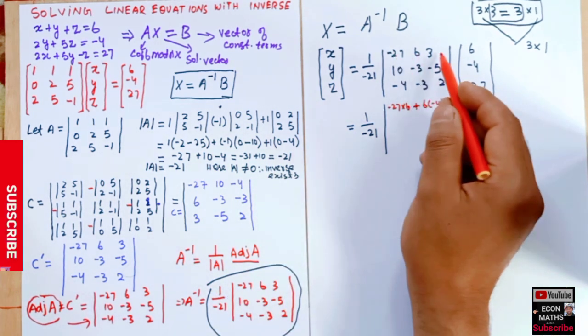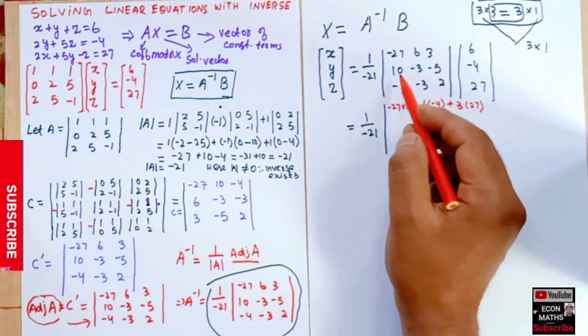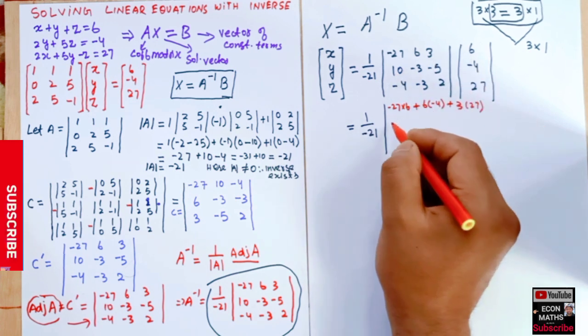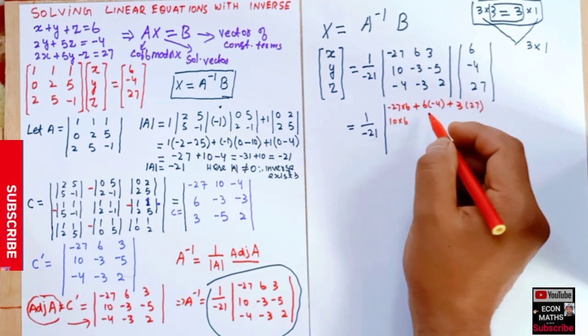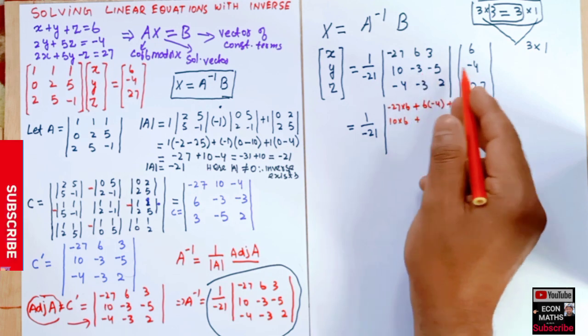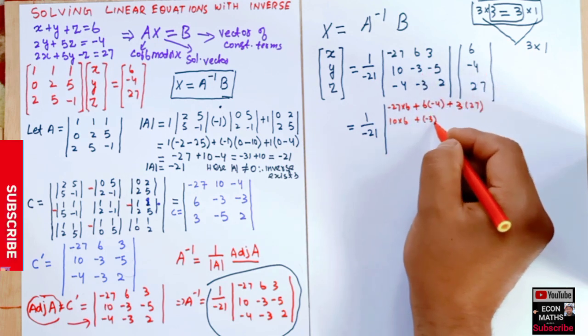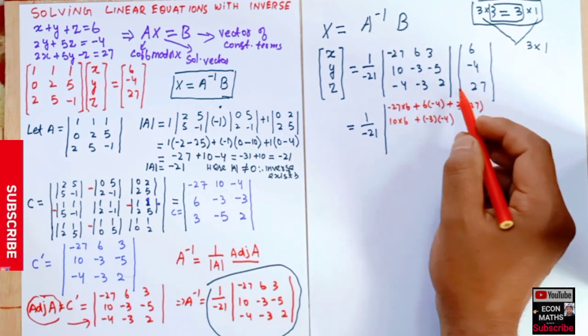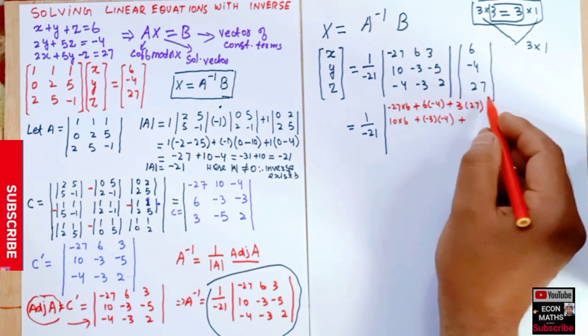Similarly, we are done with this row, so we will take another row. Then this is 10 into 6 plus minus 3 and minus 4, and then minus 5 and 27.